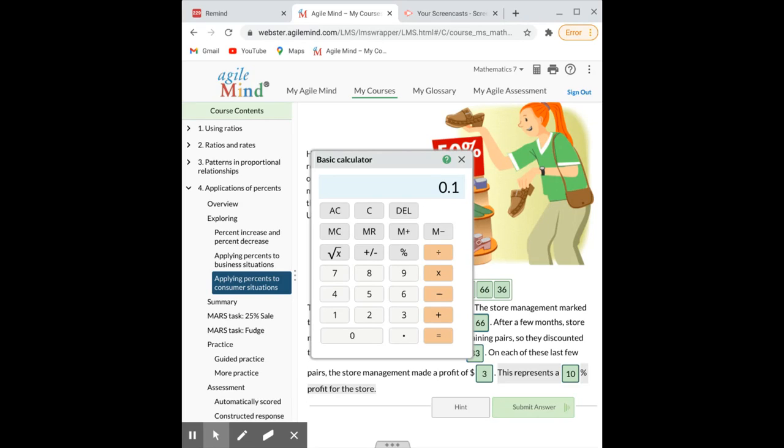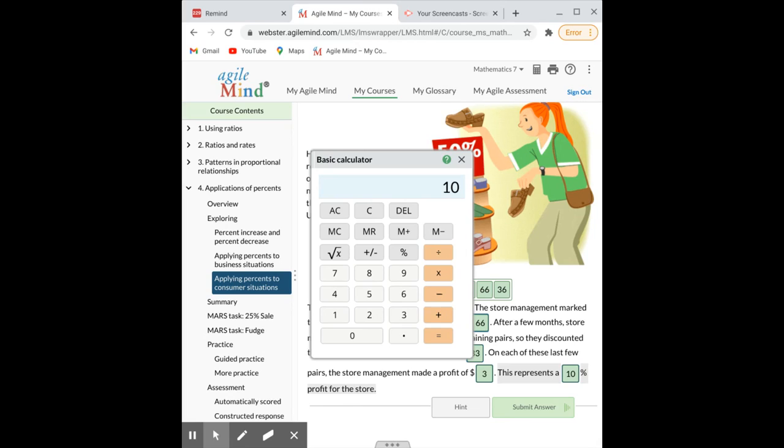Now 0.1 isn't quite a percent yet. It's still a decimal. So who in here can tell me how to change a decimal value to a percentage? Multiply it by 100. That's all we got to do. So if we multiply by 100, we get 10. And that's the same answer that we have here, where it says this represents a 10% profit. Does that make sense? Oh, we can also do 30 divided by 3, and that'll just give us 10.